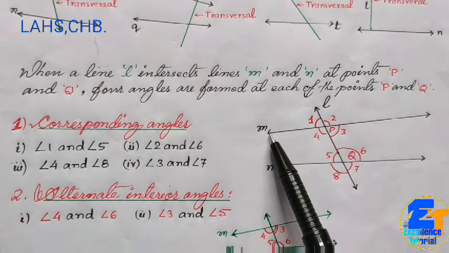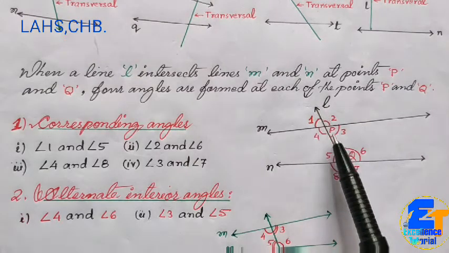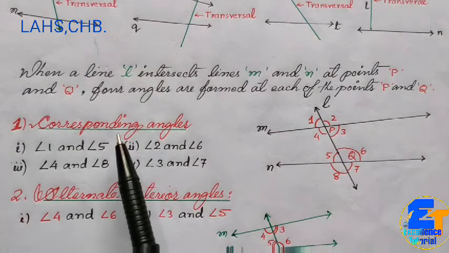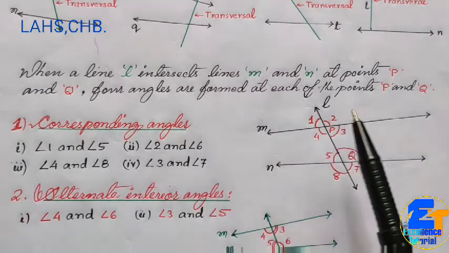Let us discuss the corresponding angles. In this figure, lines M and N have been intersected by a transversal L. So how will you identify the corresponding angles?